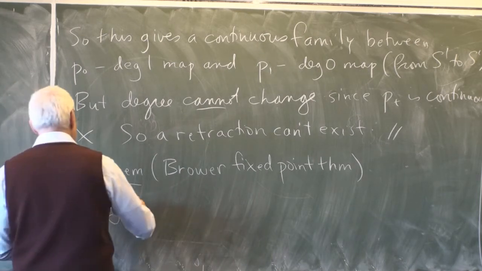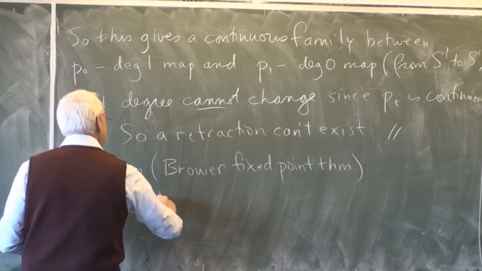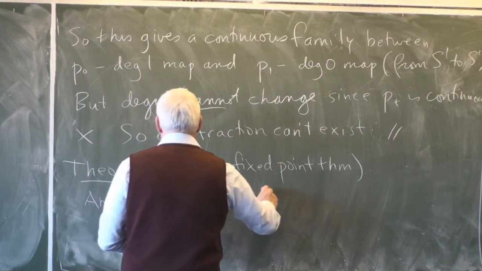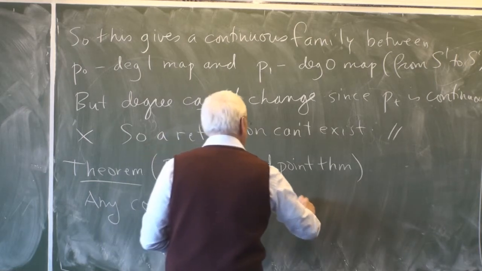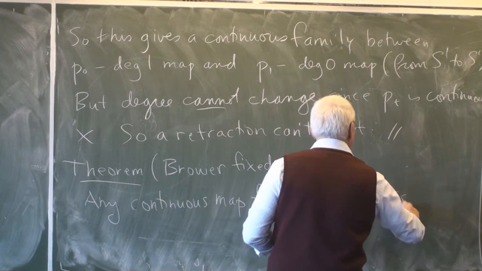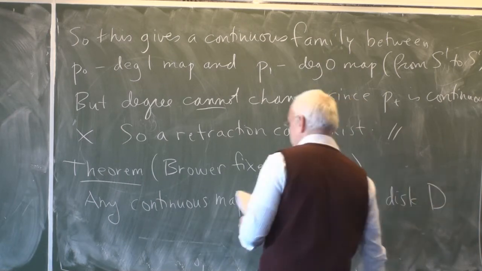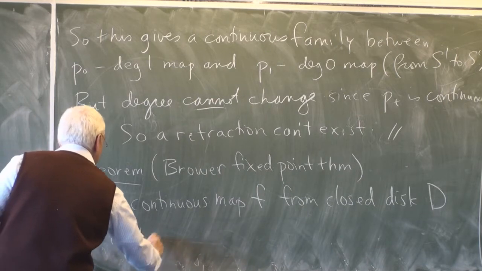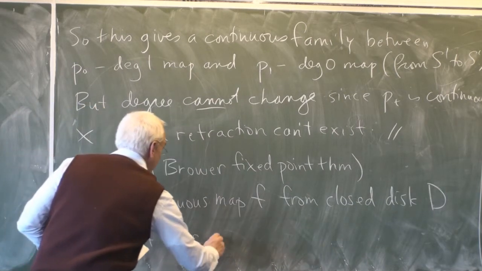It says that any continuous map, say F, from the closed disk, what we're calling D, to itself, has a fixed point.